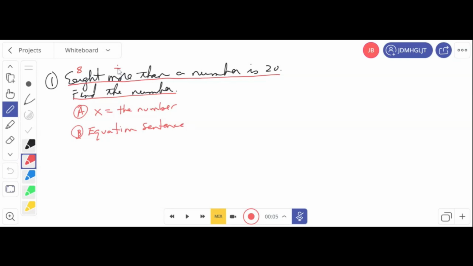More means we are adding. Than is a reverse word, so that means that the 8 is going to have to trade places with the number. A number would be our variable x. Is means equals, and then we have the number 20.